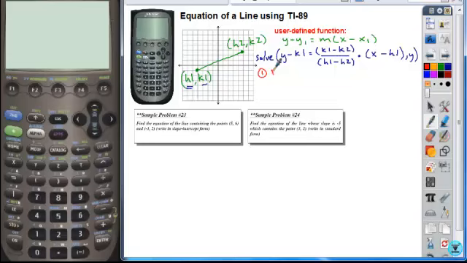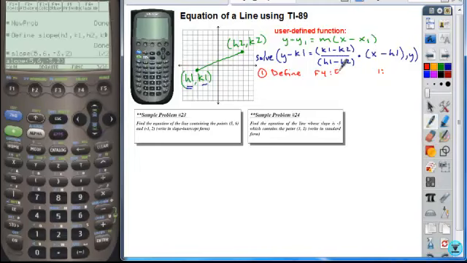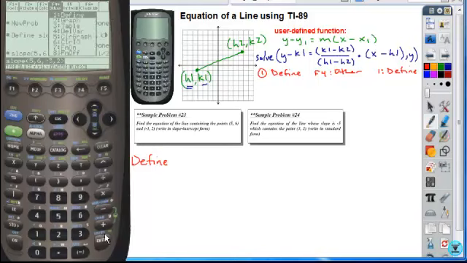Step 1, define. That's the F4 tab, the other tab, followed by define. So that's the first part of identifying our function.